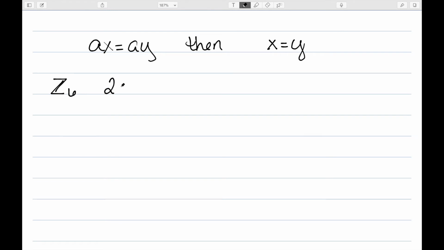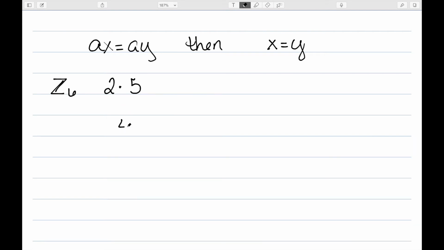Another big property in elementary algebra that we learn is that if AX is equal to AY, then we must have X is equal to Y. But once again, this does not necessarily have to be true. Once again, let's go back to Z6. 2 times 5, well, 2 times 5 is 10.